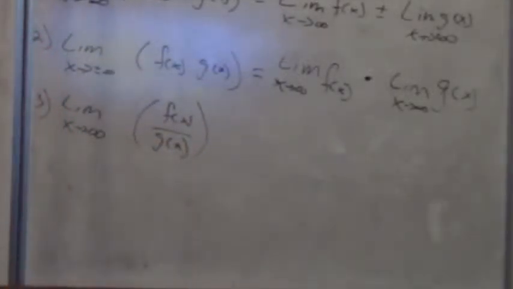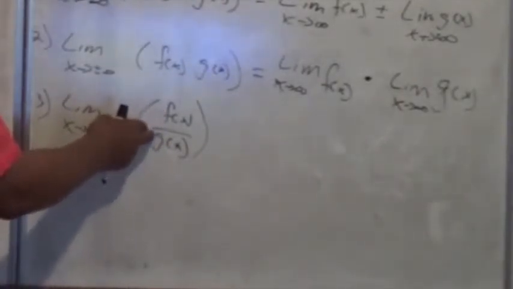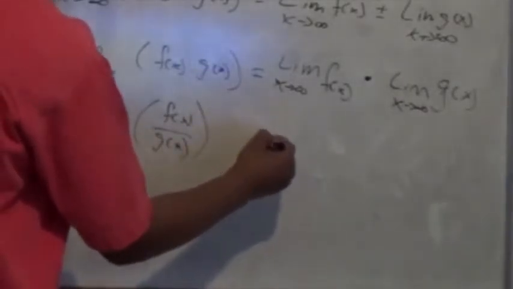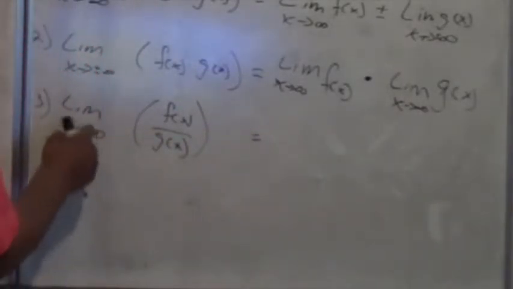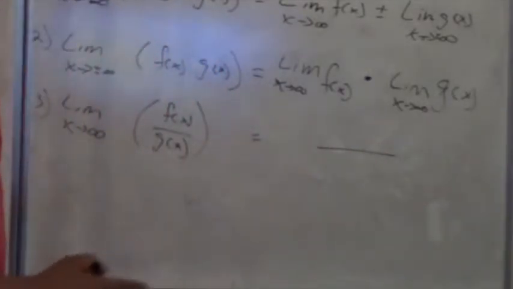This next one says, if you can turn your argument into the quotient of functions, then the limit of the quotients is equal to the quotient of the limits.